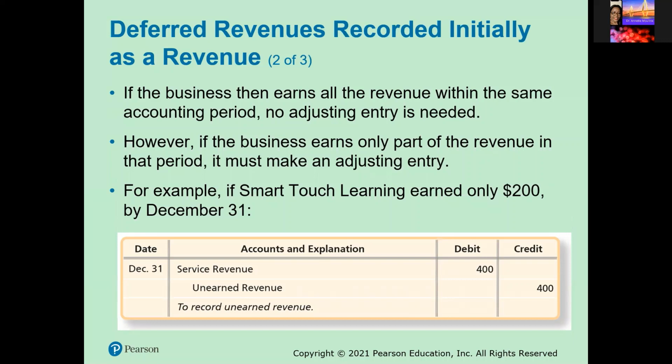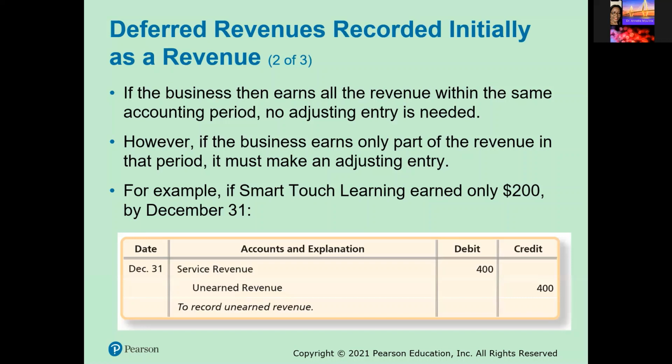Here in this example, Smart Touch Learning has earned only 1/3 of the $600 by December 31st. Accordingly, Smart Touch Learning must make an adjusting entry to transfer the unearned portion, which is that 2/3 of the $600, from the revenue account to a liability.